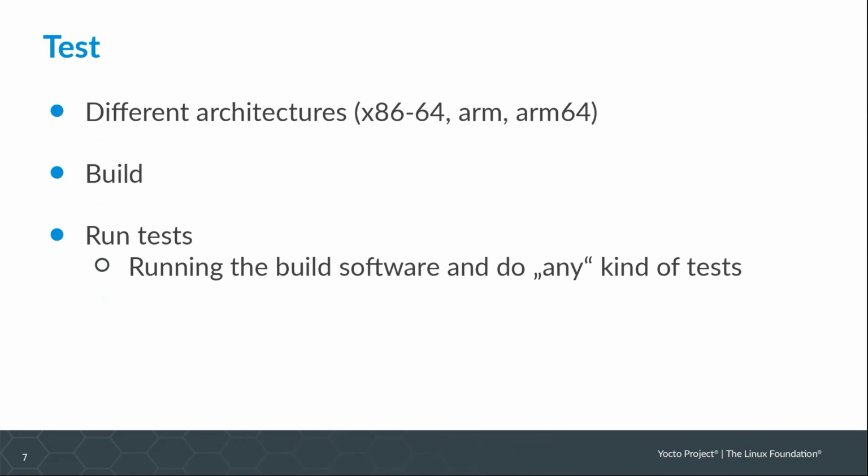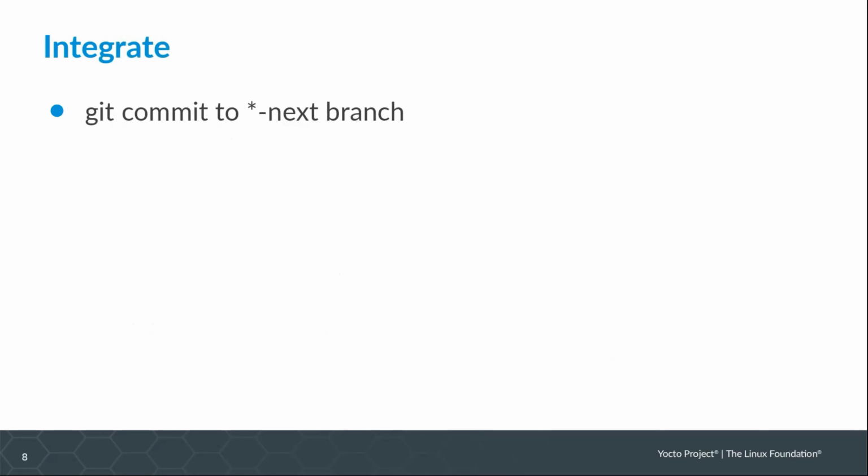So what does this test mean? As said, there are 3 architectures. We want to build on them, so that the build runs. And then we want to have some kind of run tests. So we don't want to build and ship. We want to know that the software or library is usable.